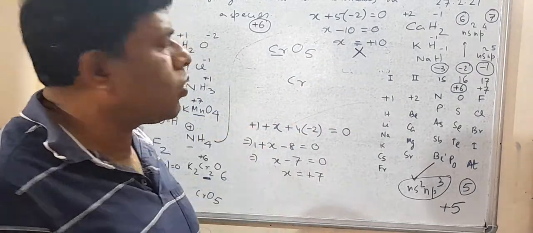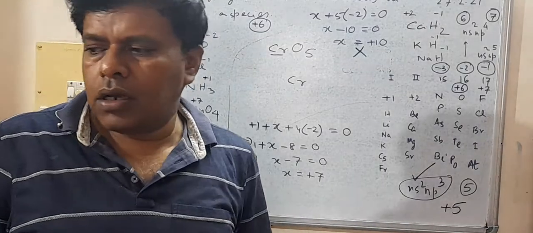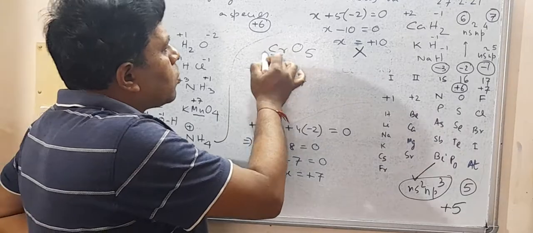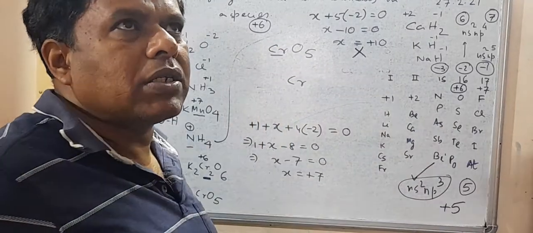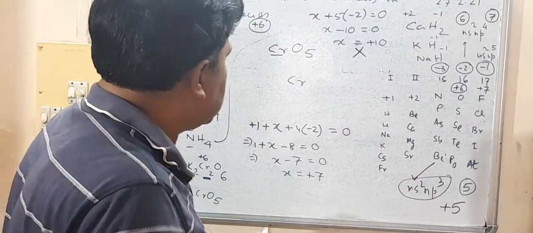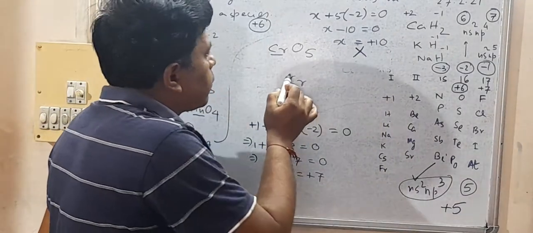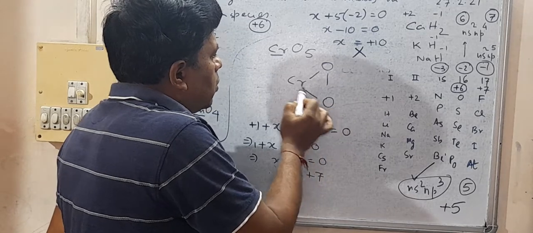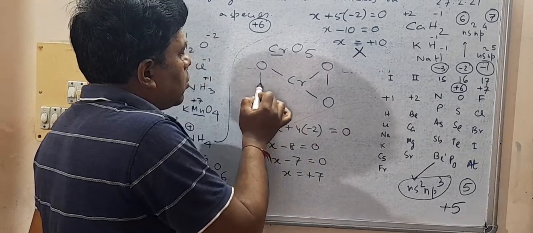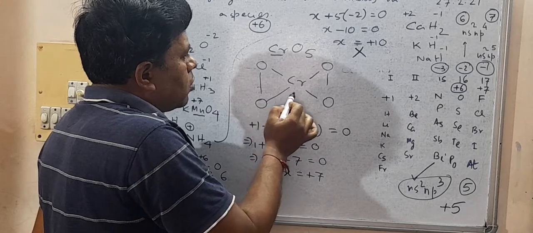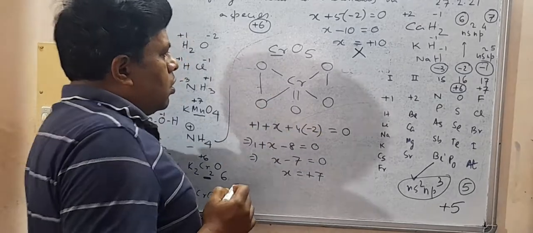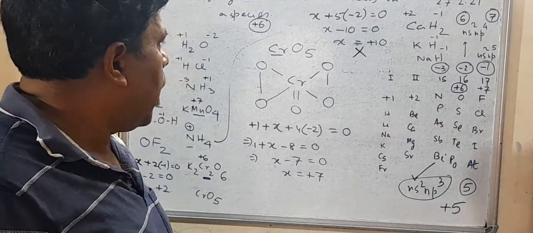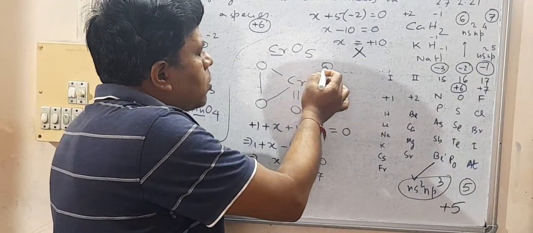So what is the correct oxidation state of chromium? For this case, you have to know its structure. The structure of CrO5 is like this. And you see this is peroxide oxygen.